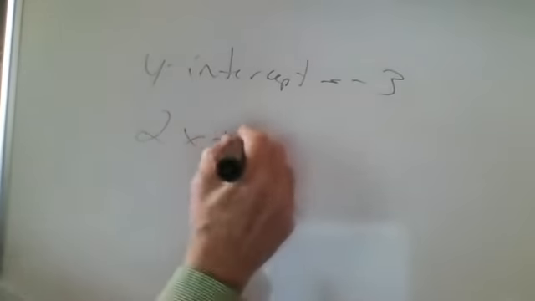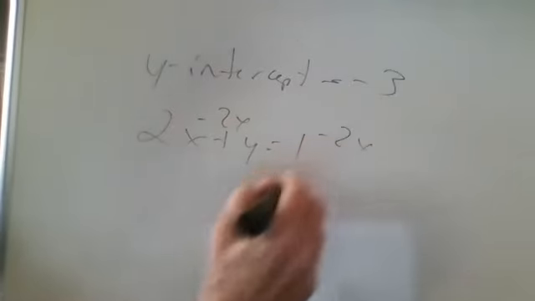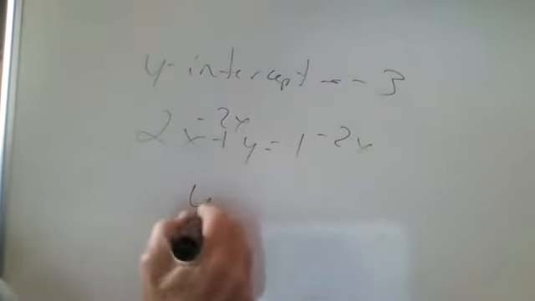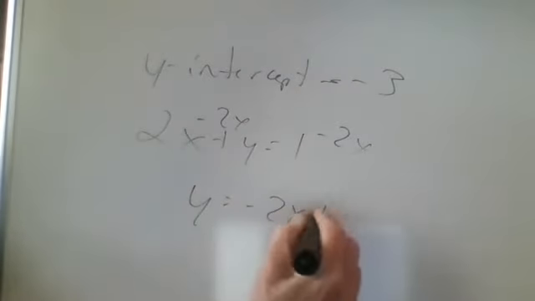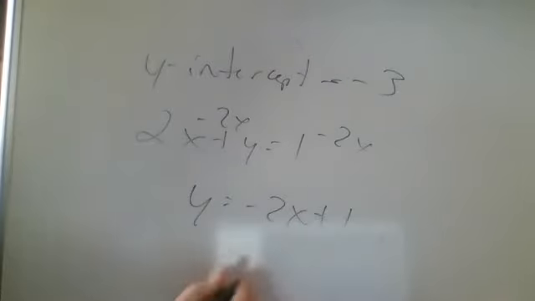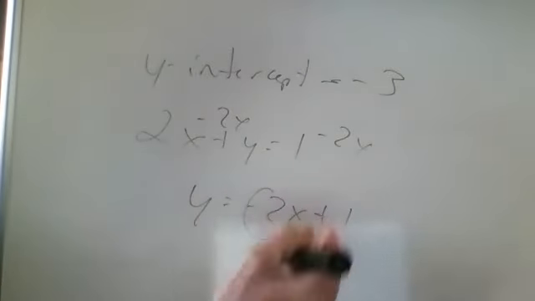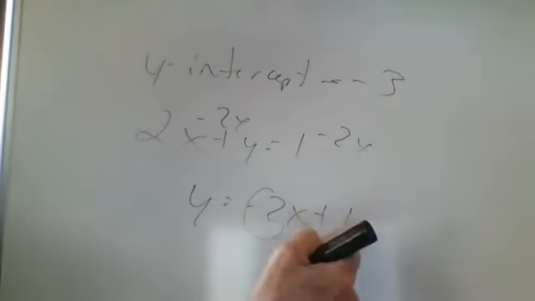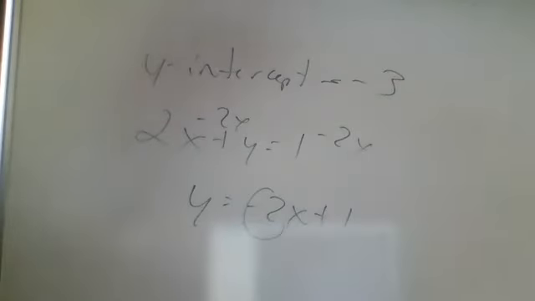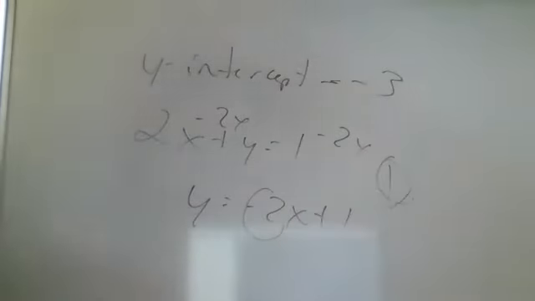So let's just look at D. D is 2x plus y equals 1. So if I subtract 2x from both sides, that gives me y equals -2x plus 1, okay? So this is the same slope, -2. It is not the same y-intercept, so it's parallel, so the answer is D, okay?